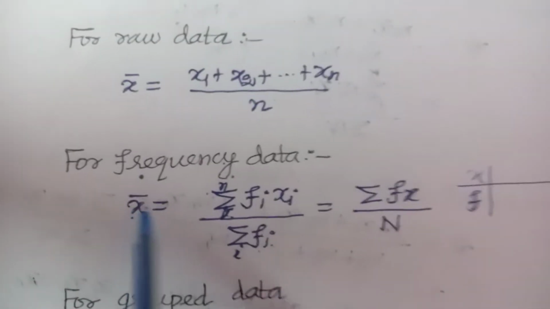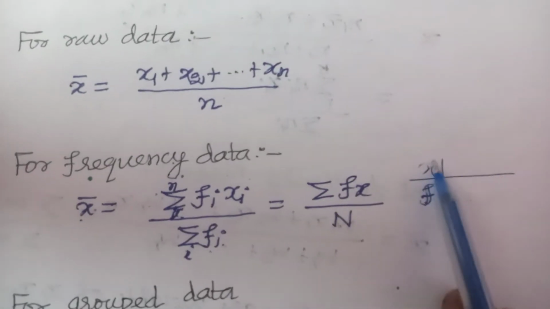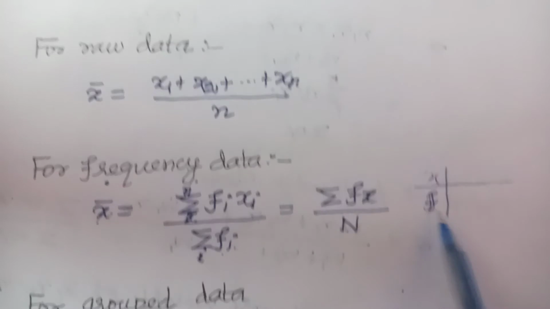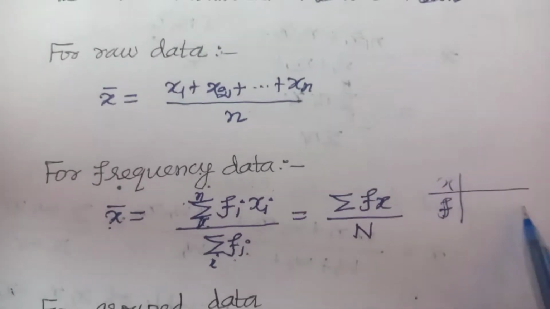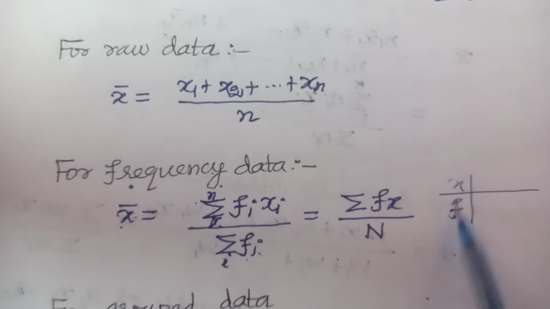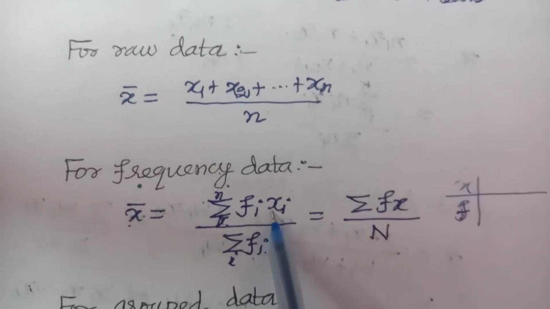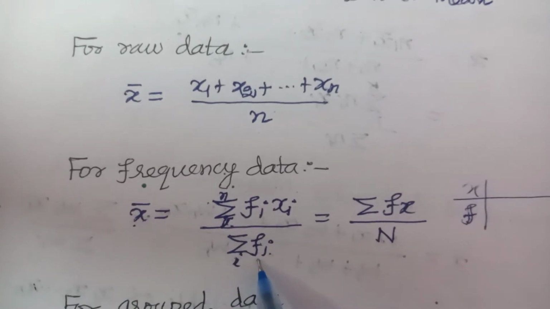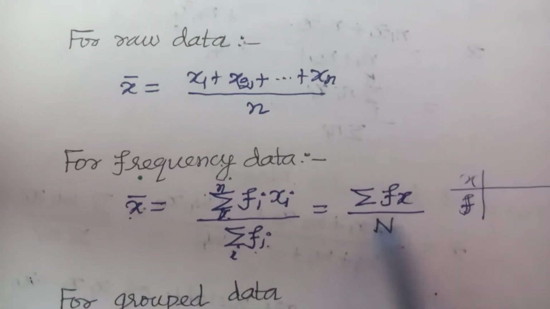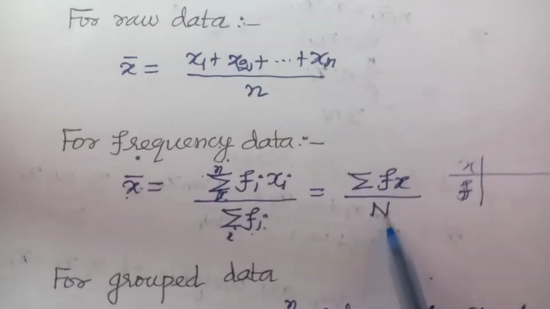For frequency data, given in tabulated format, x is the argument and f is the frequency value. X bar is equal to the sum of f x divided by the sum of f, and the sum of f is called N, capital N.